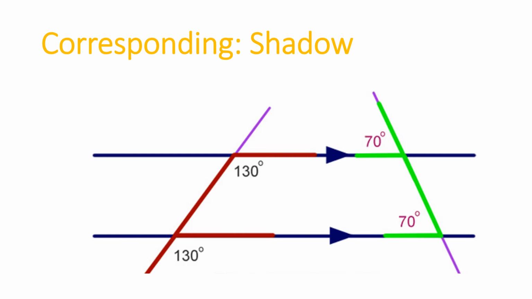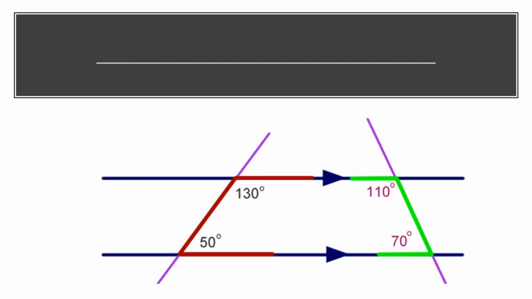A different memorization strategy that you might want is the F. You can make an F, and the two angles created there are going to be corresponding or matching or shadow angles. The F can also be upside down. And look, they're both 130, that one's both 170, therefore congruent. Corresponding angles are congruent. Corresponding congruent, CC.